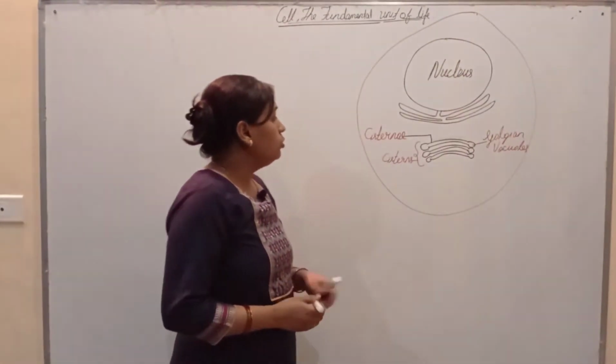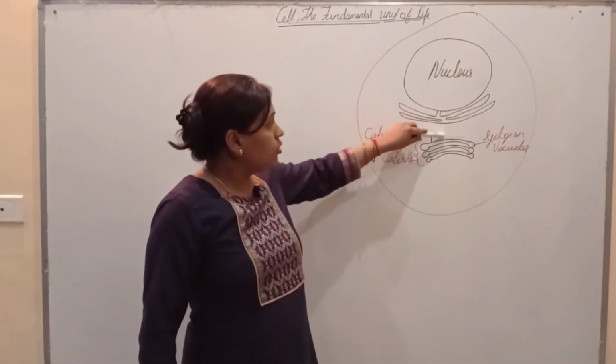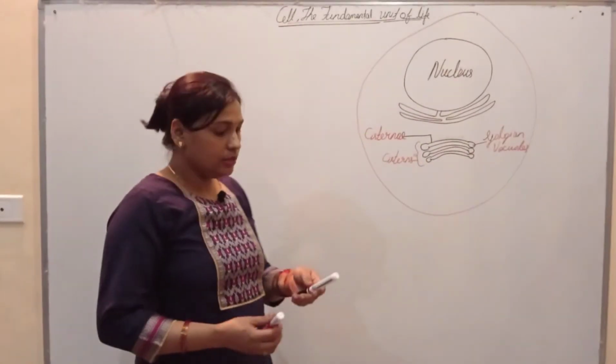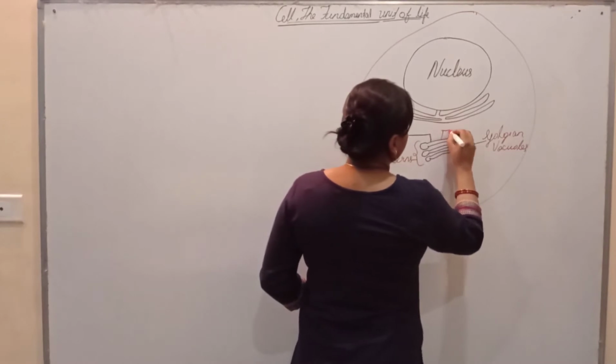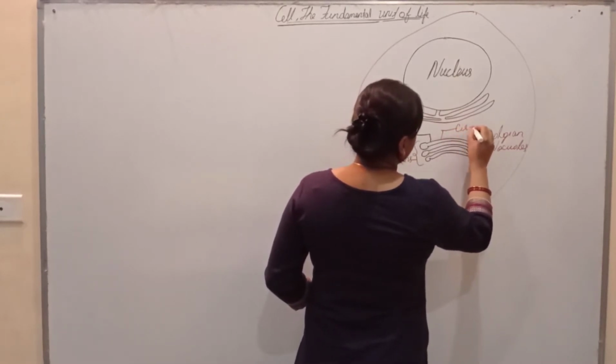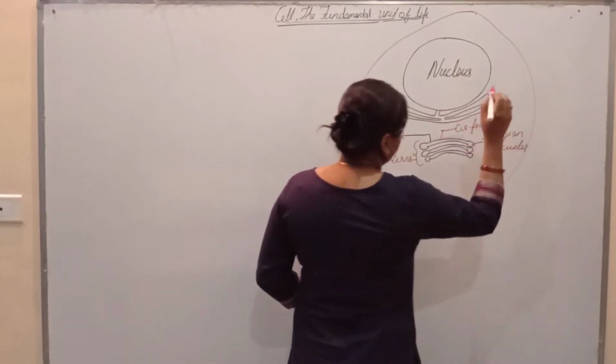The part of the Golgi body that faces towards the nucleus is called the cis phase, also called the formative phase.